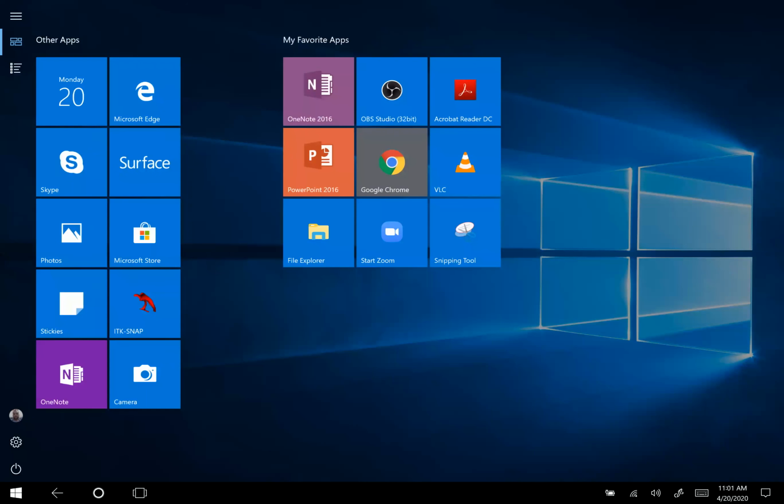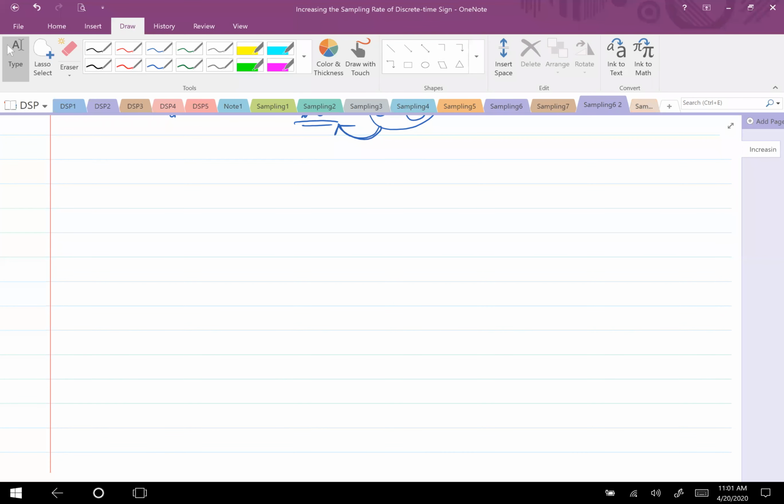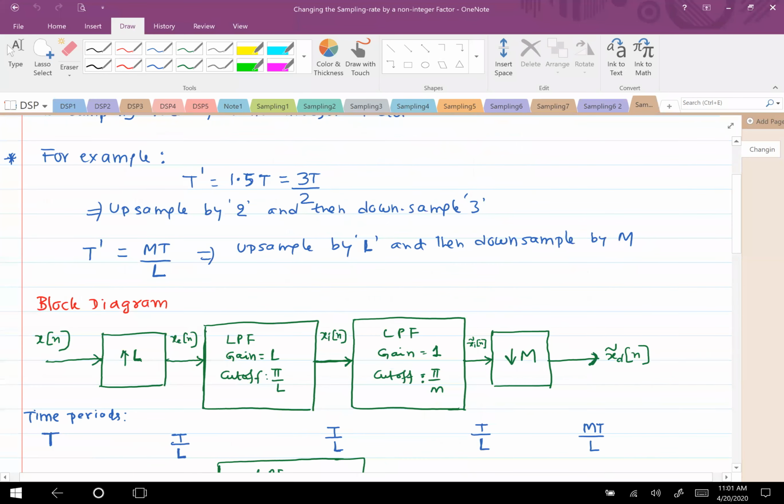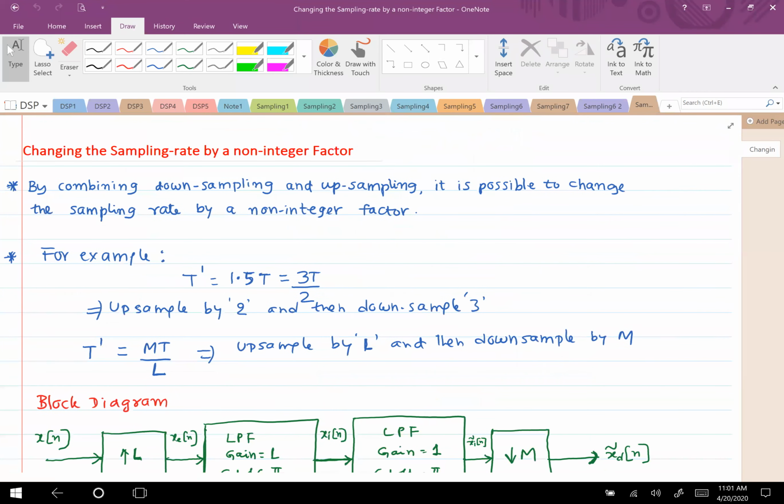Again, let me share the screen. Right. So far the earlier discussions have been about upsampling or downsampling a discrete time signal by an integer value.